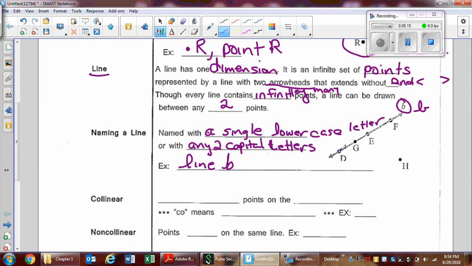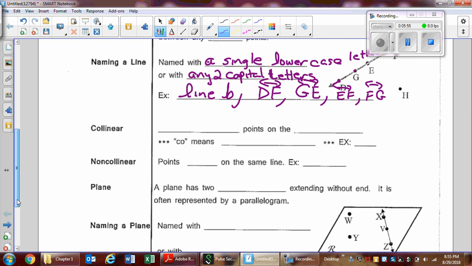So in this case, I have D, I have G, E, F. So any of the two, I can name this line using the endpoints, which is DF, but I have to use capital letters and put the arrow, or I can use GE as long as I use the arrow, or I can use EF or FG, because since it has an arrow, it goes in the F direction, it goes in the G direction, and infinitely in both directions. So it's not going to make any difference which two letters you use. You're still naming the same line.